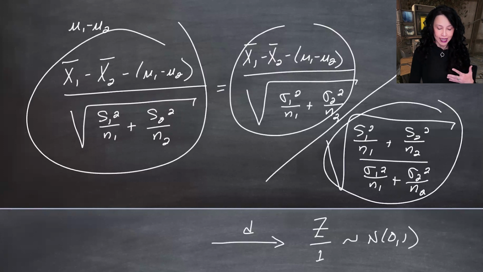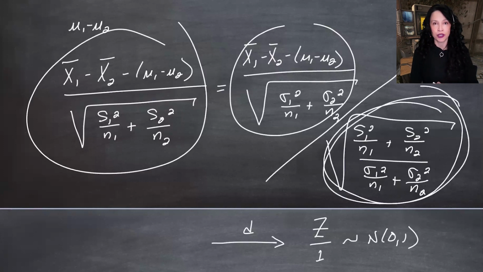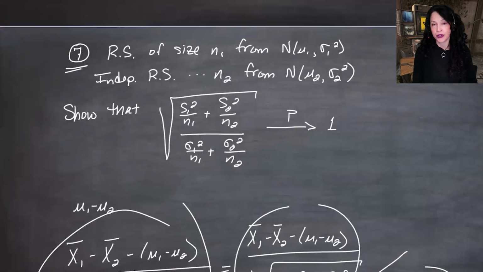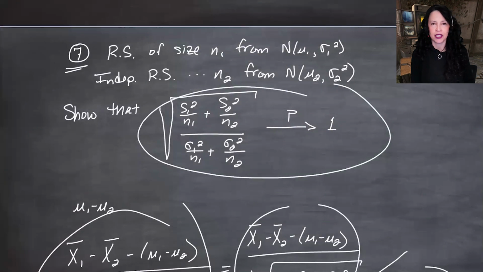But what we need is to show that this converges in probability to 1, and that's what the grad students are doing in problem 7 on the homework. So I've heard a few approaches here that I wanted to warn you against.